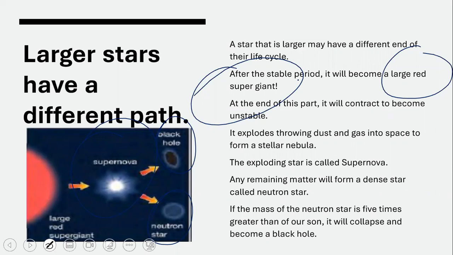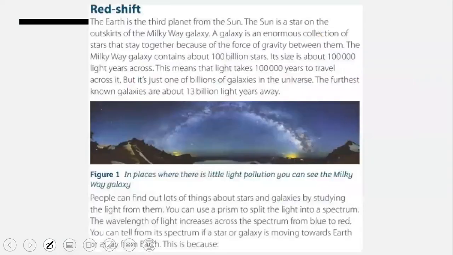After it explodes as a supernova, it will end up making a nebula and leaving behind a neutron star or a black hole at its center. The nebula can then go on and make new stars with new planets and everything like that. So that is how the life cycle of a star is.